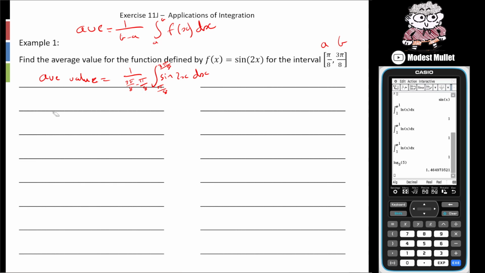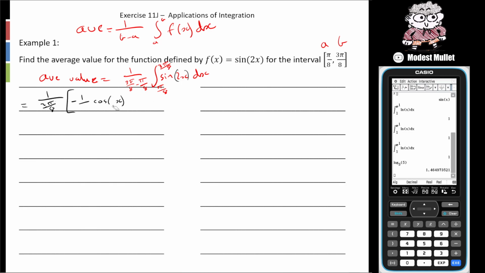So that is going to be equal to, let's use proper notation, 1 on (3 pi on 8 take away pi on 8), which is just 2 pi on 8, and we can do the integral at the moment. So if you check your formula sheet, the integral of sine ax is equal to negative 1 on a cos ax, where a is the coefficient inside the sine.